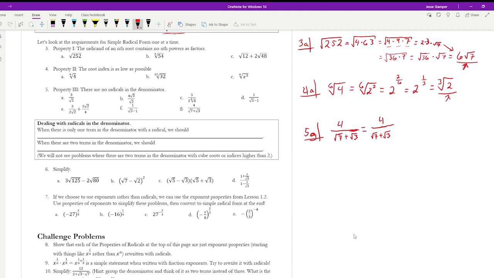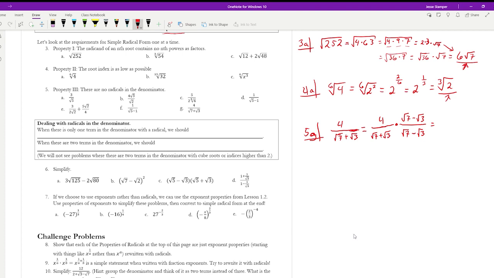For instance, if I multiply by square root of 7 minus the square root of 3, that would be a conjugate. But I have to put it in the numerator too, because remember, I can only do this if I'm multiplying it by 1. And the square root of 7 minus the square root of 3 over the square root of 7 minus the square root of 3 equals 1. This is a trick we can use.